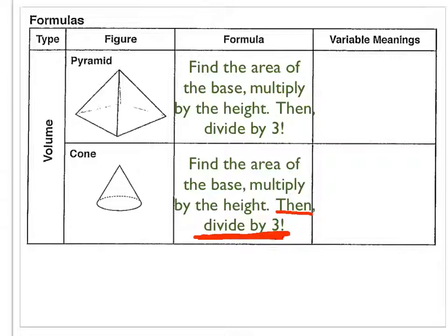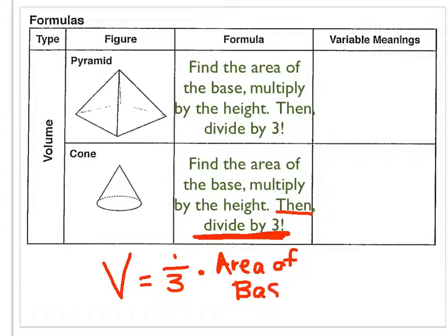In other words, the volume of a pyramid or cone is 1/3 times the area of the base times the height. That is our formula for things that have one base and come to a vertex.